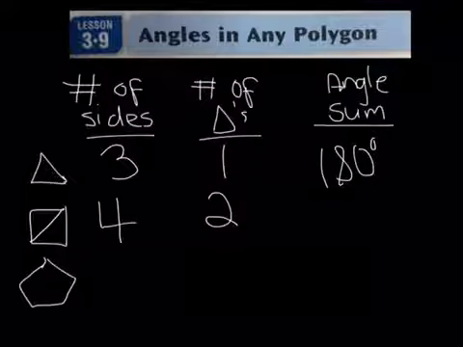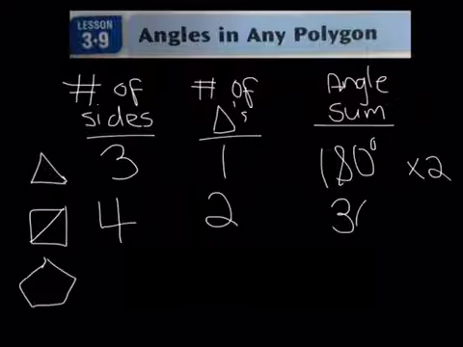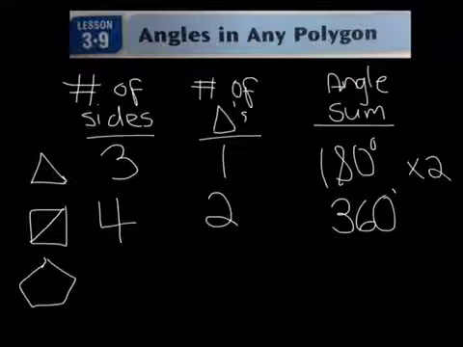If one triangle equals 180 degrees, 2 triangles is going to be double 180 degrees. And we know that 180 degrees times 2 equals 360 degrees. Okay, let's do the pentagon. A pentagon has 5 sides.